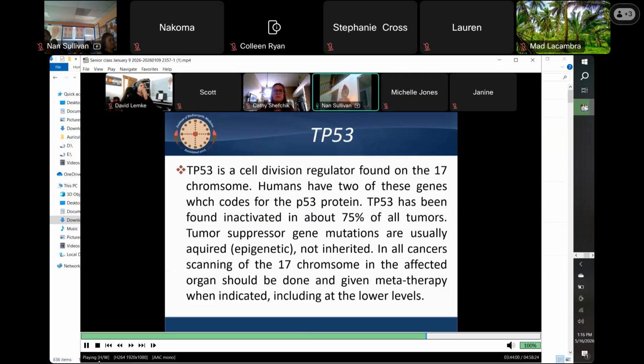And if chromosome 17 has 4s, 5s, or 6s, it means the possibility of TP53 being turned off is there. And you're going to treat it until both chromosome 17s, mom and dad's, are back to normal, 3s or 2s or 1s.